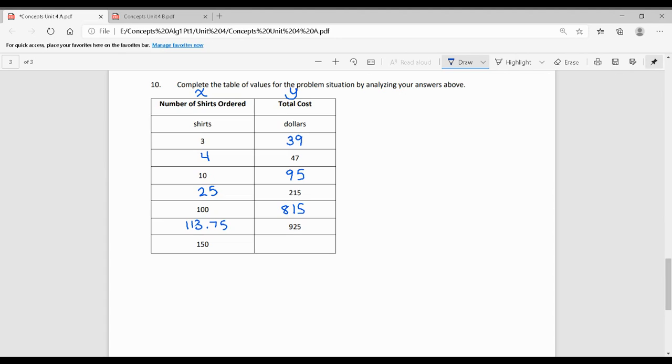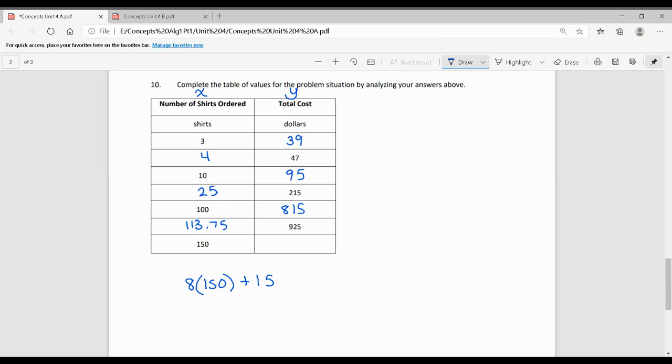All right, and the last problem is one that you have to do on your own, and then we're going to go to lunch. So because we didn't do this one, I don't think, right? So for 150 shirts, what would I do as my calculation? Who can lead us? We'll put it right here. What would we multiply? 8 times 150, and then don't forget to add the one-time fee.